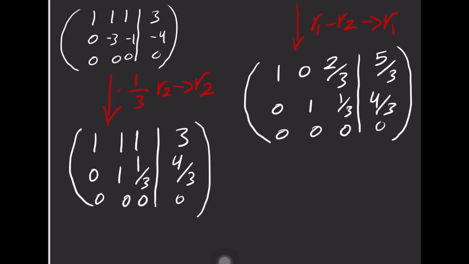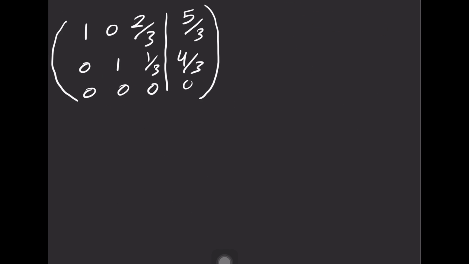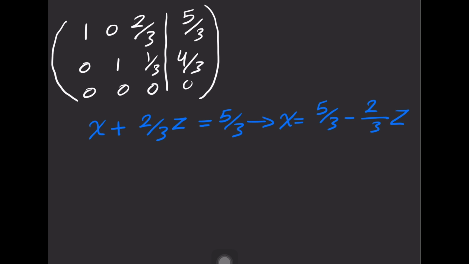And now we can interpret this matrix back into equations. So from row 1, we can see that we have x plus 2 over 3 z equals 5 over 3, or we can say that x is equal to 5 over 3 minus 2 over 3 z.